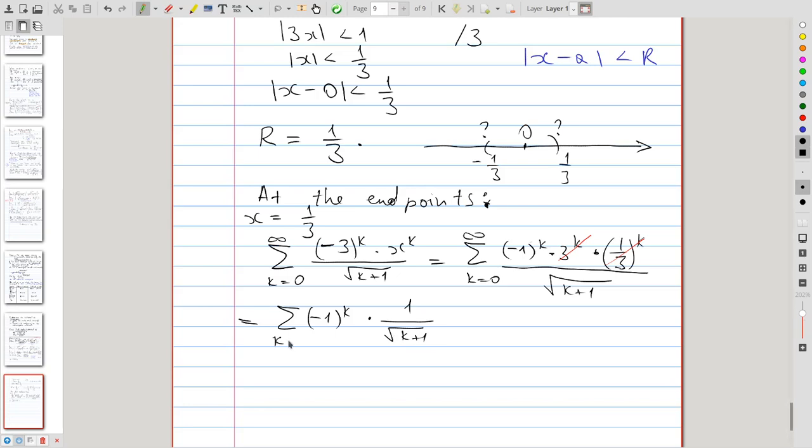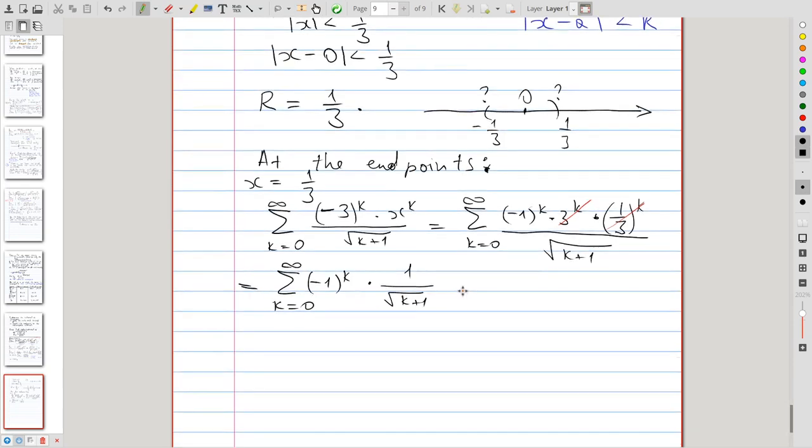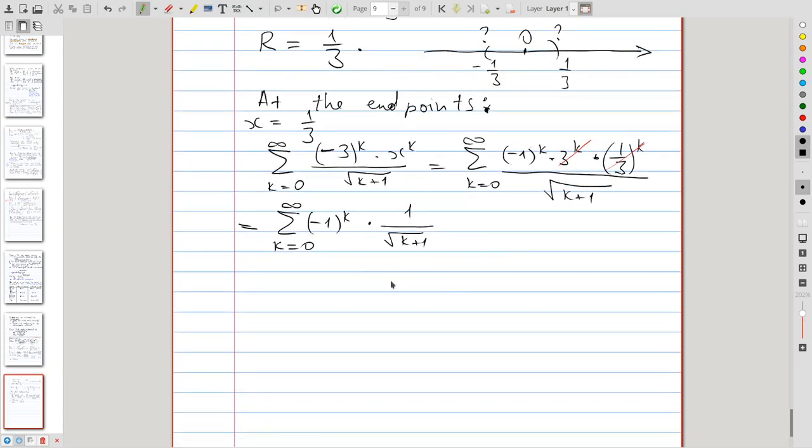And this series is... I encourage you to pause the video at this point and think about what you can say about this series. This is, of course, an alternating series, and it is convergent by the alternating series test.